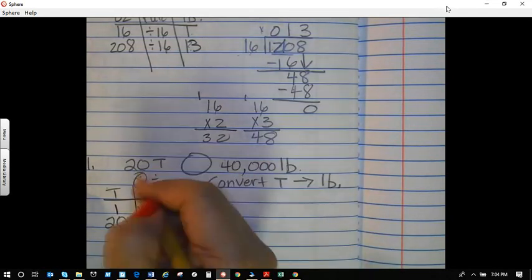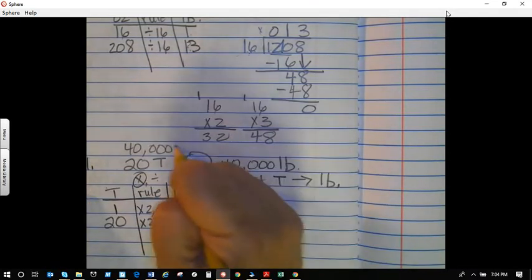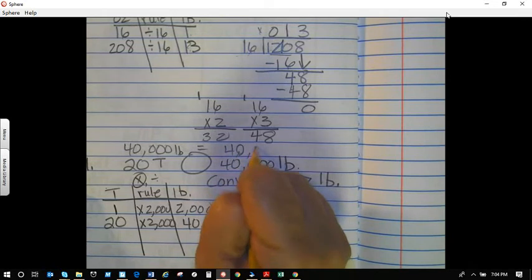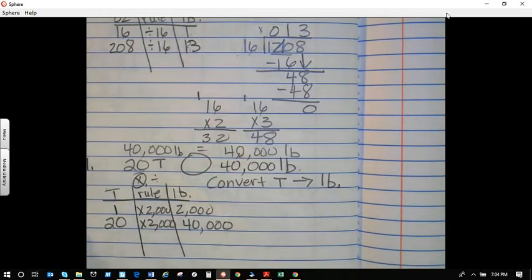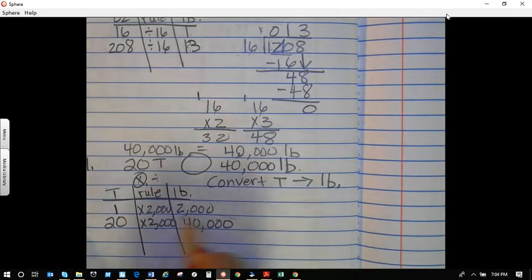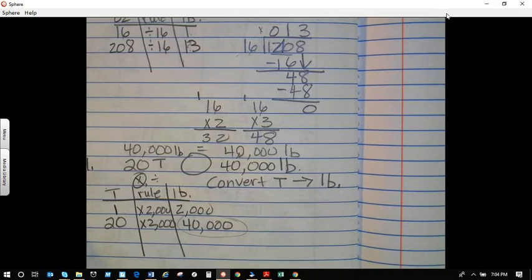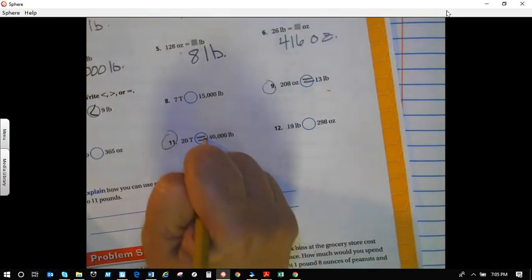So 40,000, I'm going to put it up here, pounds is equal to 40,000 pounds. Okay, so you see how I did that? I put whatever I converted it to above that, so I know that that's equivalent, so that I can easily see it. Coming over here to my equals, there you go.